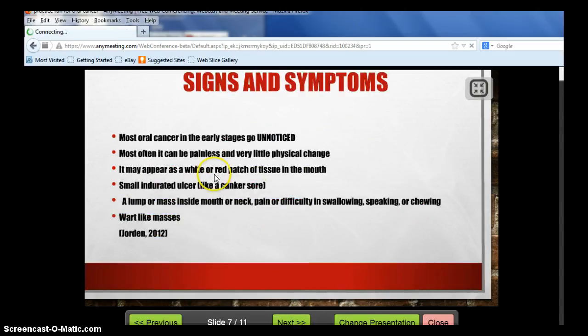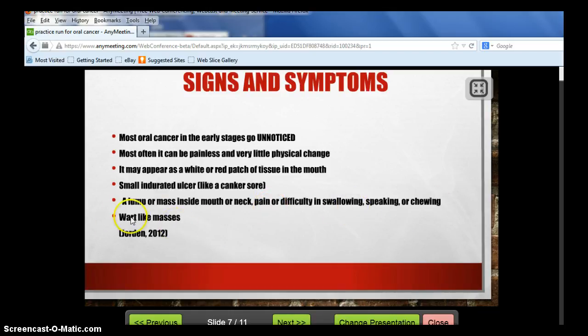It may appear as a white or red patch of the tissue. It could be a small indurated ulcer, like a canker sore. It could be a lump or a mass inside your mouth or neck, pain or difficulty in swallowing, speaking, or chewing.